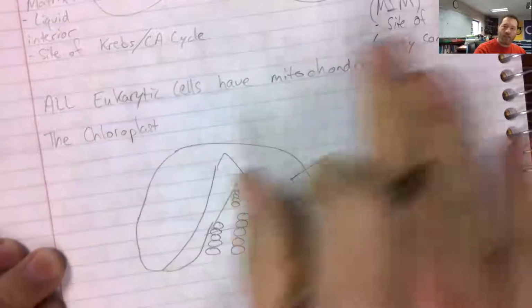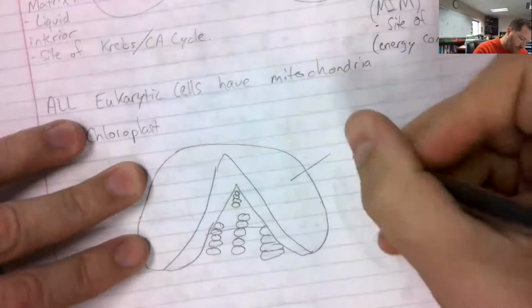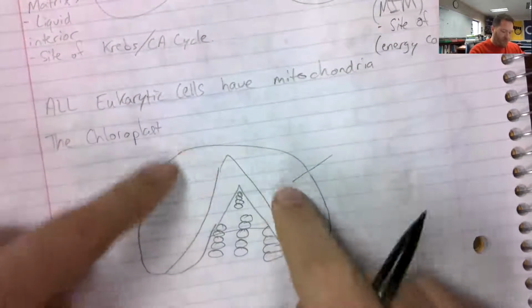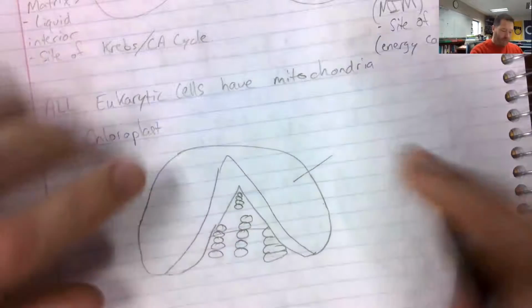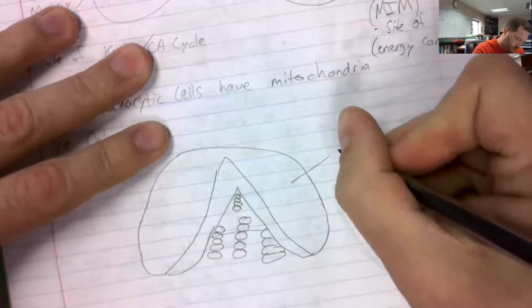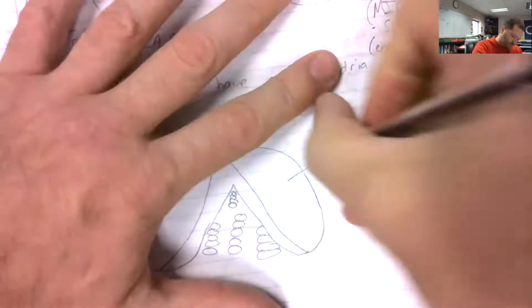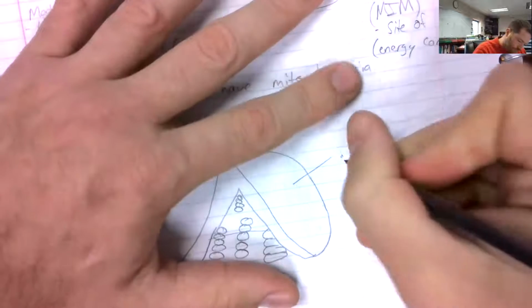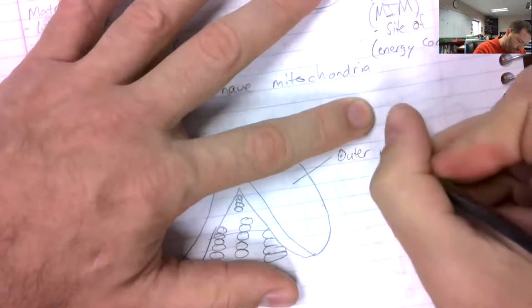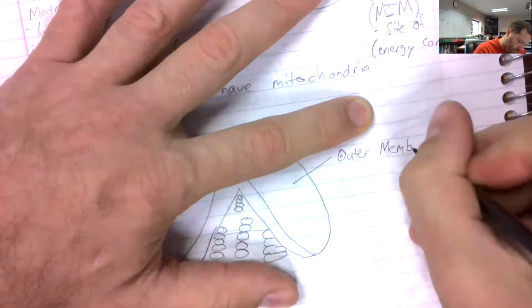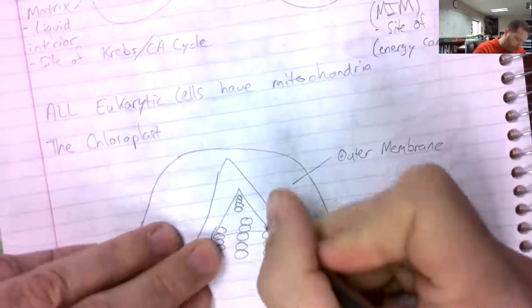So just like the mitochondria, the chloroplast has two membranes as well. We've got this top outer shell, that's called the outer membrane.